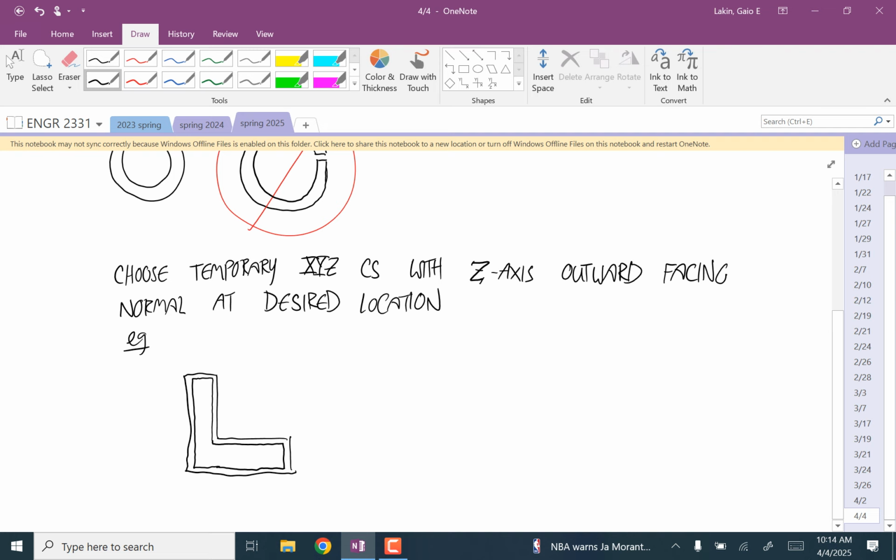But if you're interested in the stress over here, then our temporary coordinate system would be oriented like this. And if you're interested in a point over here, your temporary coordinate system would be like this.